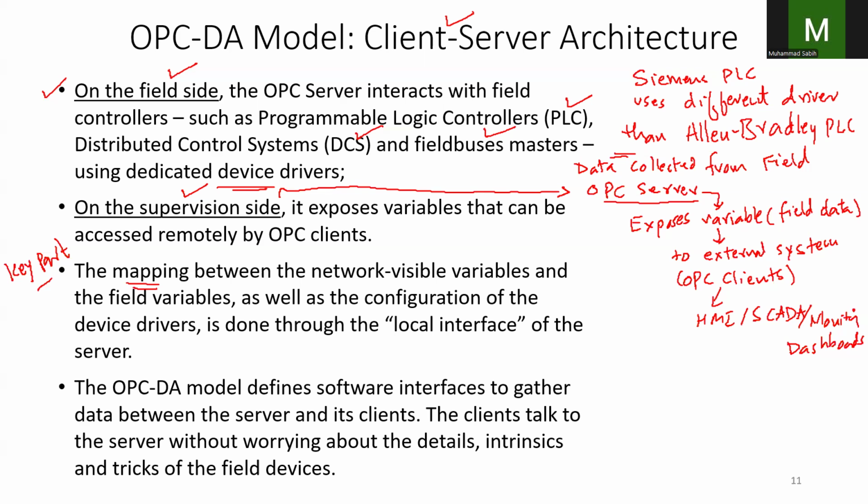This mapping is usually configured through a local interface, meaning, for example, someone who is setting up the OPC server will define how the data from each tag or register will be visible to the outside world.